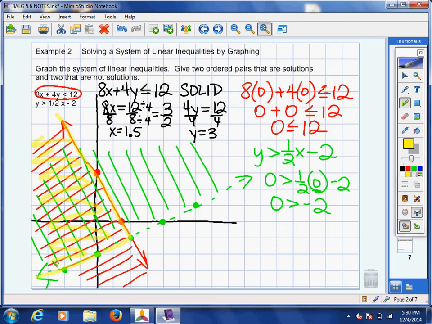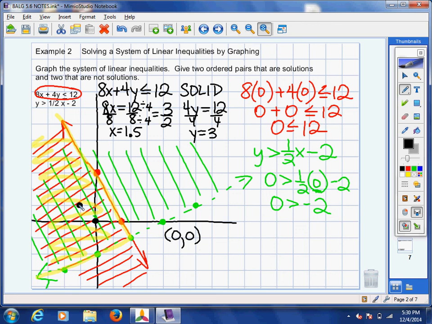And then they asked us, give two ordered pairs that are solutions. Okay, well, just go to that crosshatch area and pick some points out. So definitely 0, 0, that's a solution. I'll mark that. Right here, that's going to be negative 1, 1.